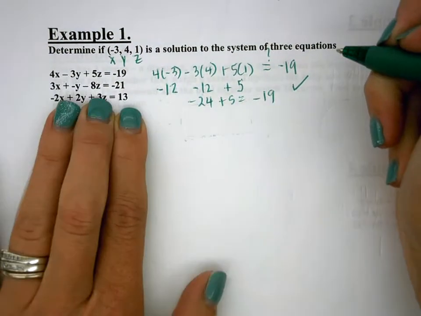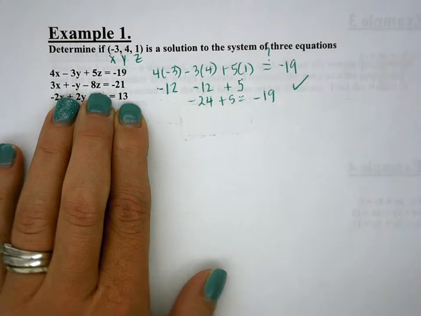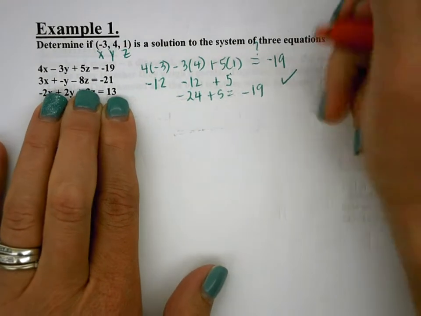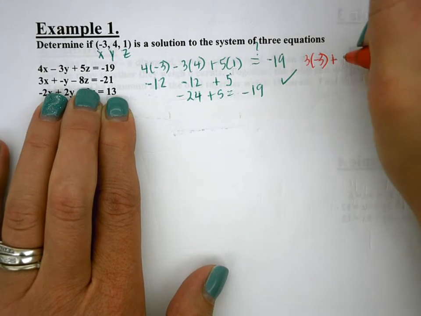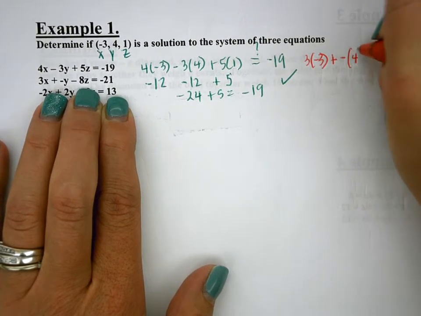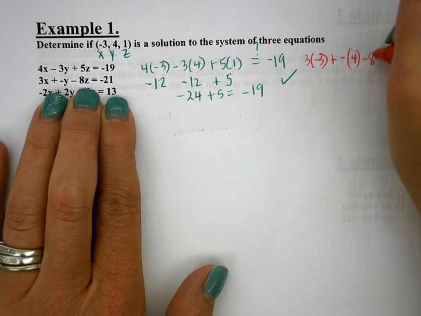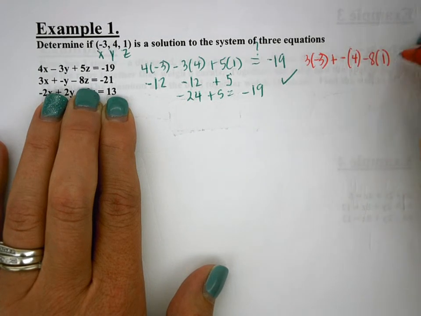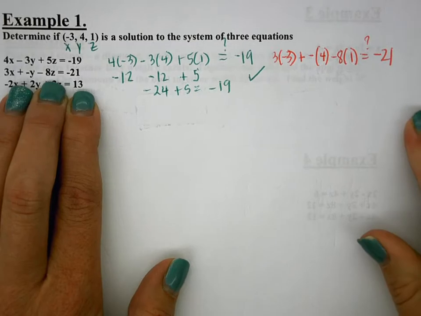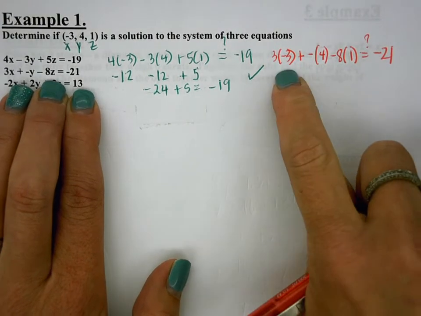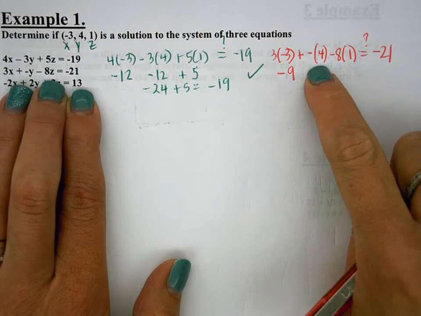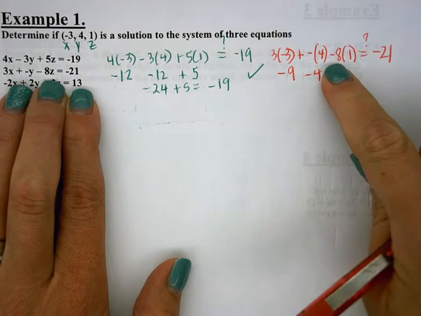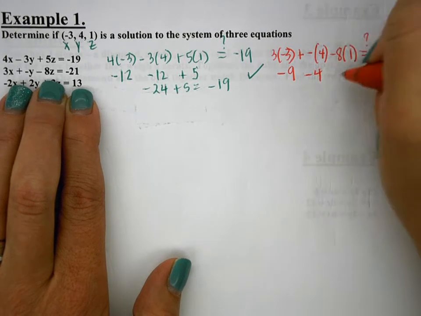Okay, so now we need to go down to the second equation. Here we have 3 times negative 3 plus a negative 4 minus 8 times 1, and we're checking to see if this is equal to negative 21. 3 times negative 3 is negative 9, minus 4, minus 8.